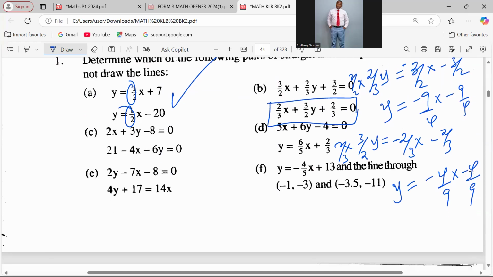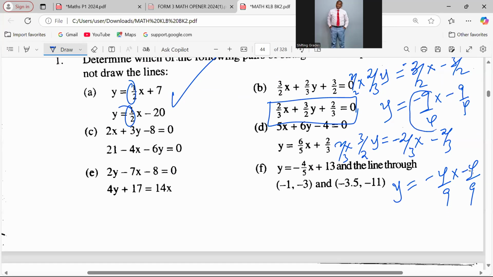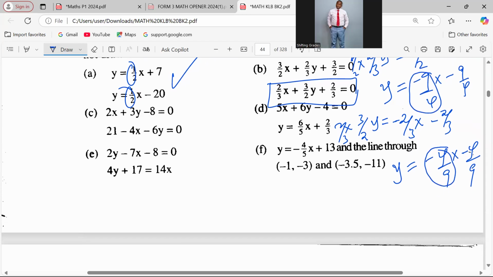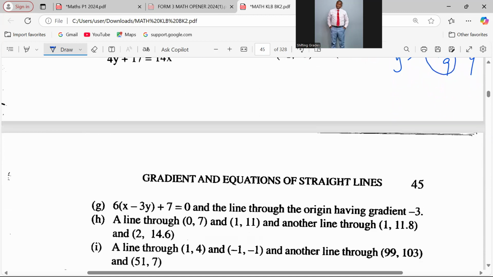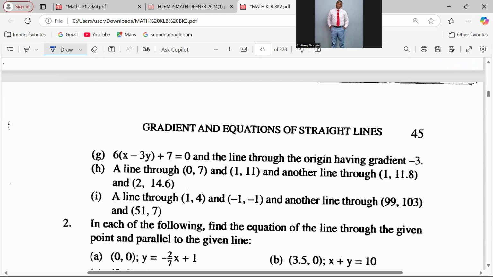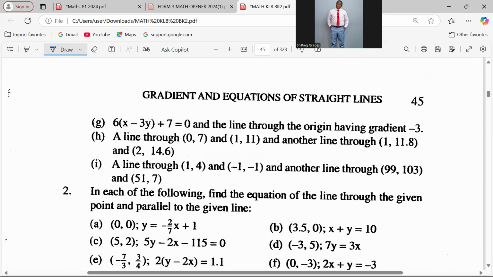The first gradient is negative 9 over 4, and the second one is negative 4 over 9. Therefore, the gradients being different, the lines are not parallel. So this pair is not parallel. You can continue in such a way until you determine how all the lines are related.